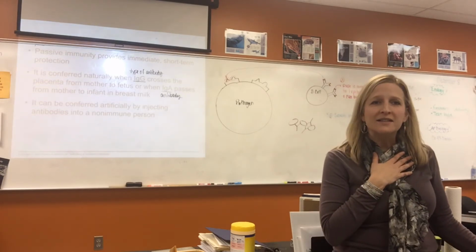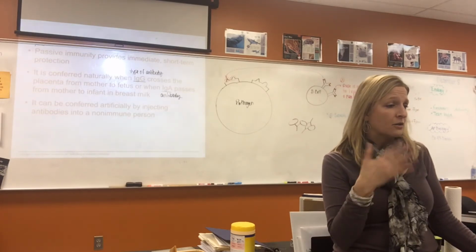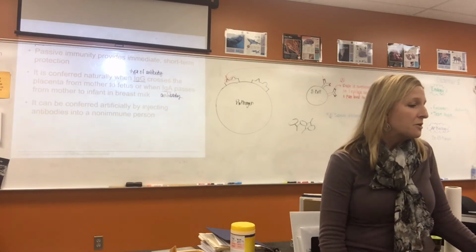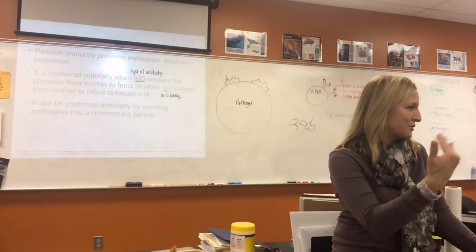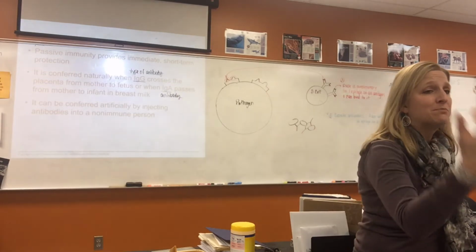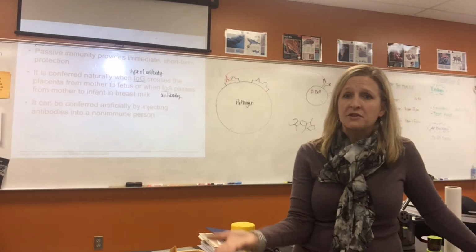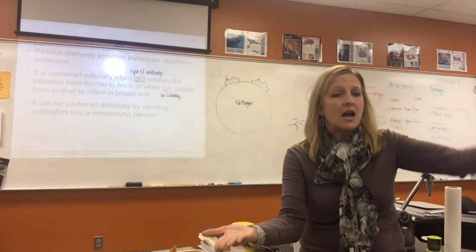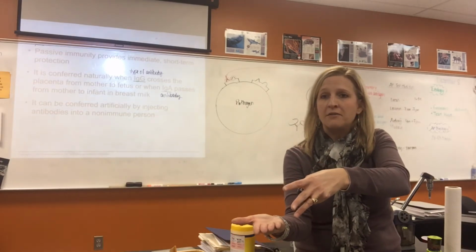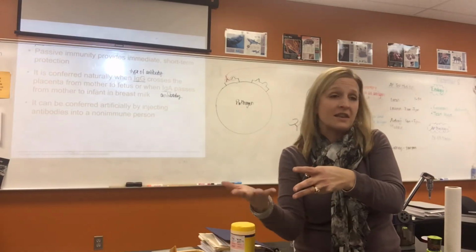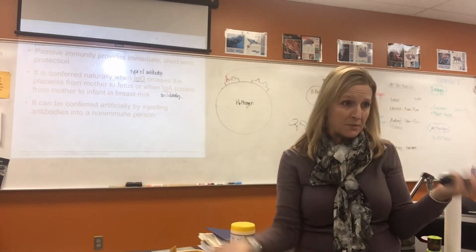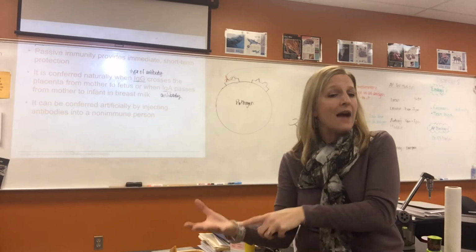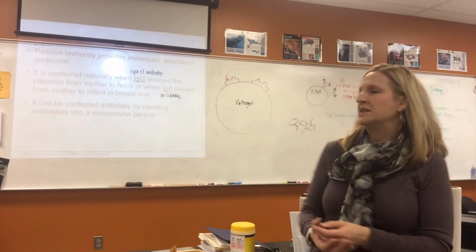But the baby doesn't have long-term protection because they never had an immune response to that bacteria or virus. So when that baby is born and doesn't have the mother's antibodies anymore, and they come into contact with that bacteria or virus that the antibody was protecting against, they will launch a primary immune response. Then they'll have memory cells for the next time that they come into contact with it.